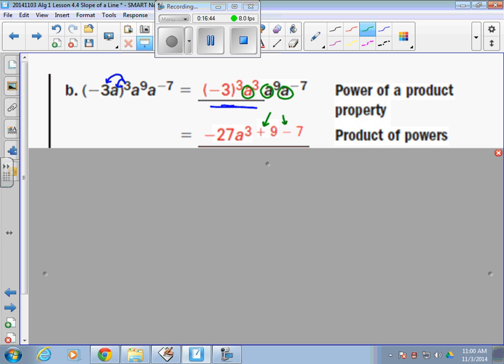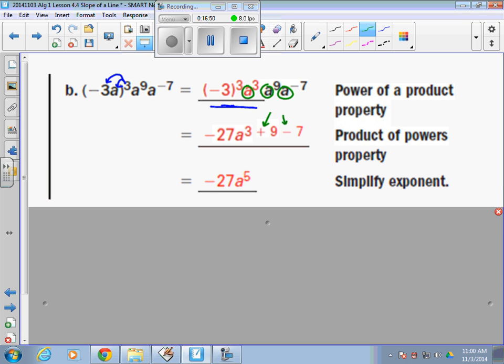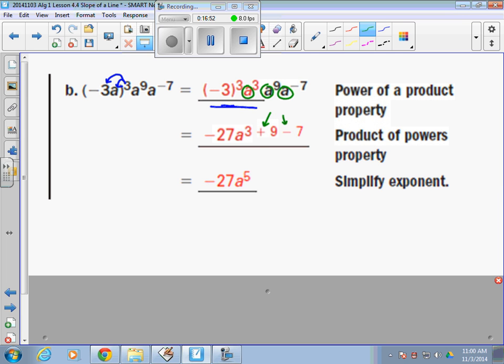Just combine the numbers. 3 plus 9 is 12. 12 minus 7 is going to be a to the 5th power. So negative 27, a to the 5th power. And again, the reason we were able to do that is because all of the bases a were exactly the same. A times a times a. We add the exponents 3, 9, and negative 7.